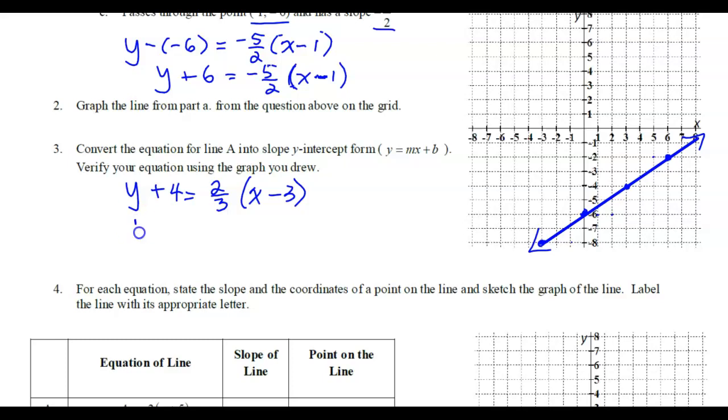So I'm going to get rid of my brackets first by distributing the 2/3. This works out nicely because 2/3 times -3 is -2, so subtract 2. And then we subtract 4 from both sides.